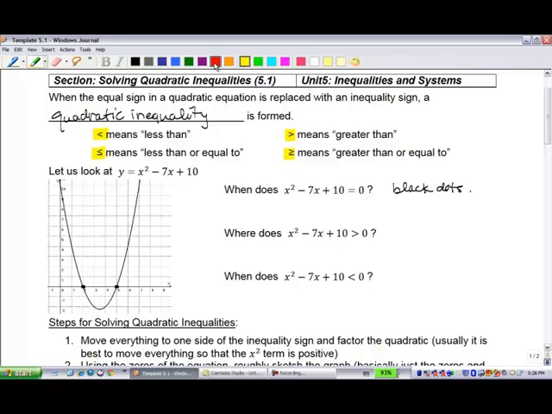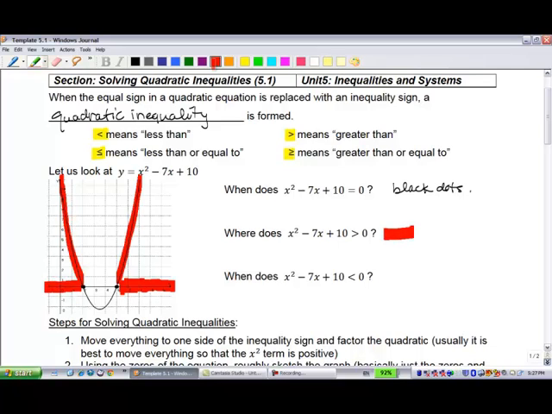Let me switch to a highlighter here now. Where is x squared minus 7x plus 10 bigger than 0? So where is that greater or higher than all the y values of 0? The y values are bigger than 0 along the curve above, and if I mash that down onto the x-axis, we see it's this region outside.